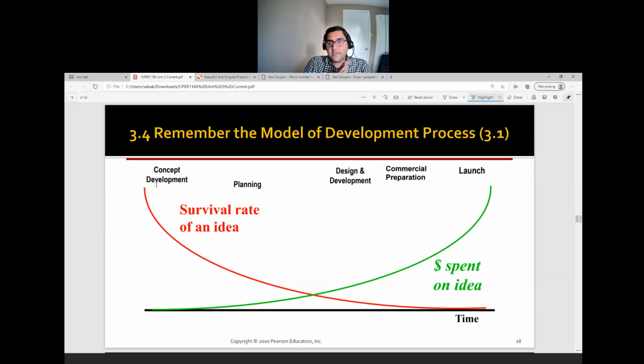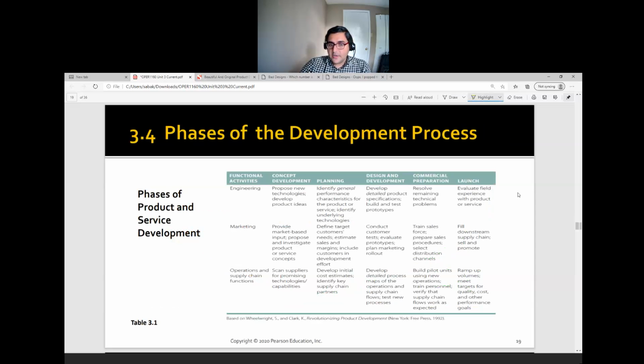But when you try to understand the feasibility of the idea as it moves from one stage to the other, from concept to the planning phase to the design phase, and finally to the launch, not many ideas really survive. So this is your CPDPL. This is something which we already discussed. All the things which we are discussing in this chapter are based on the framework of CPDPL. Remember this framework.